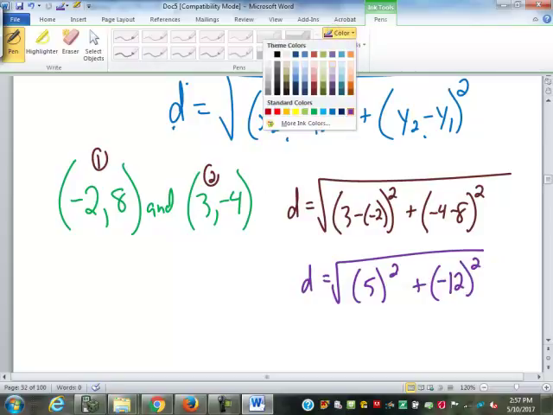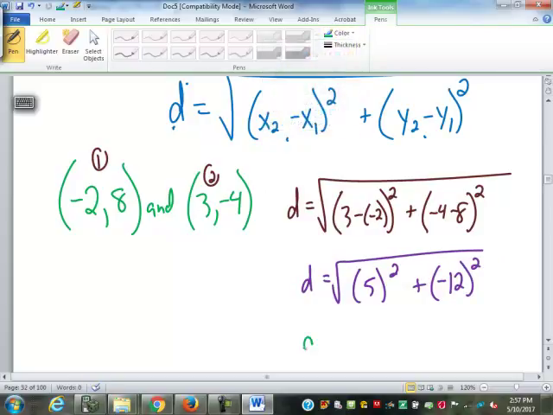So now let's square each of those. Well, 5 squared is just 25. Now be careful with the negative 12 squared. Remember, it's negative, so you got to use parentheses. 144. Good. You remembered the parentheses.